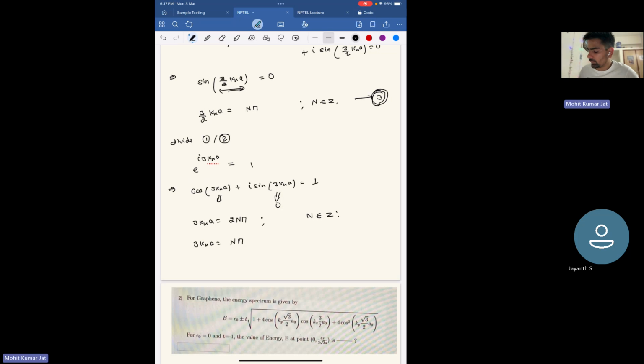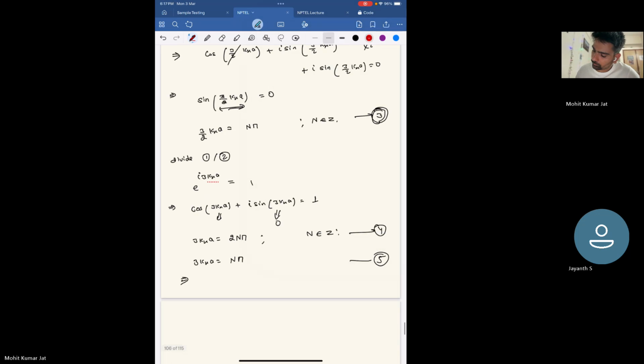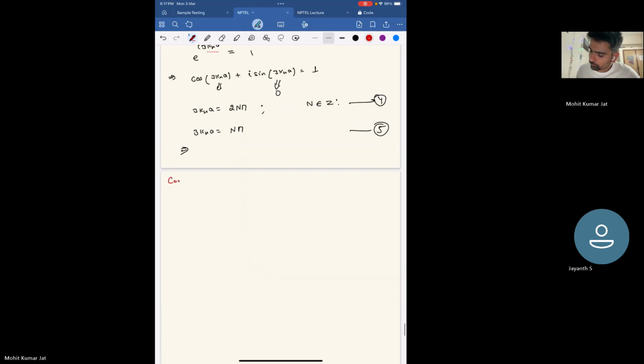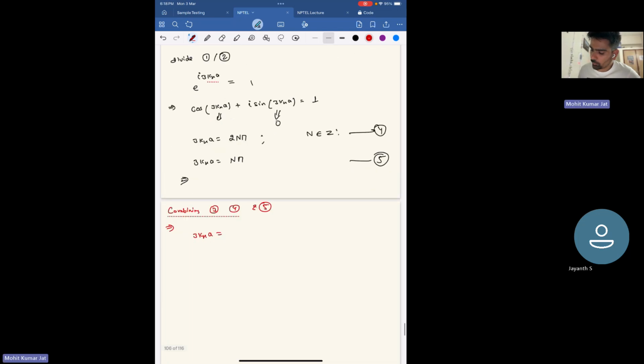This implies if you combine equations 3, 4 and 5, combining 3, 4 and 5 tells me that 3kxa has to be equal to 2n pi.